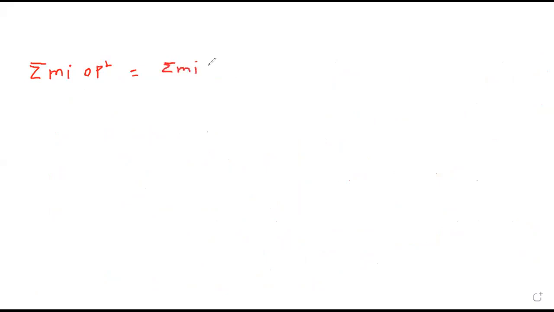Mi R square. Then 2R summation of Mi CD plus summation of Mi PC square. I think this is what we got after taking summation. Am I right? Yes, sir.